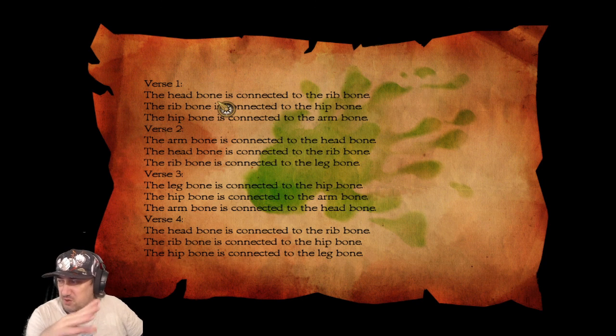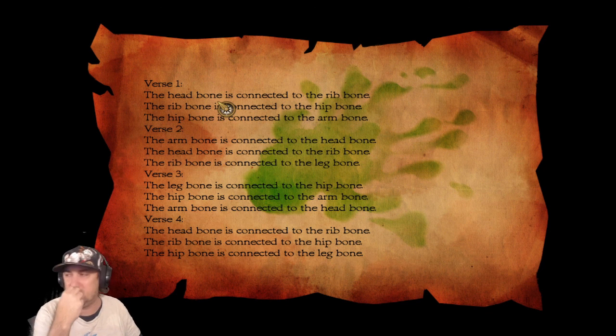Verse 1, lines 1 and 2 are correct. Line 3, verse 1, nope. Verse 2, arm bone is connected to the head bone. Head bone is connected to the rib. The arm is connected to the ribs though. Verse 2, line 1 is false. Head bone is connected to the rib bone, yes. The rib bone is connected to the leg bone, yes. Okay.